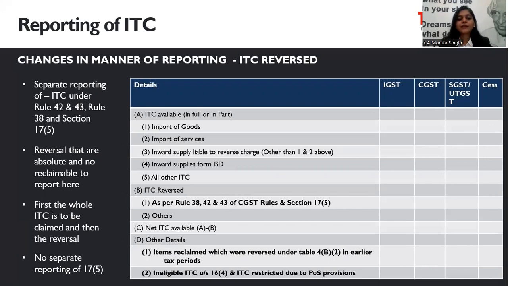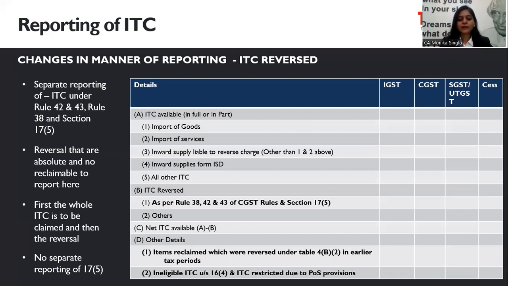Now discussing table 4D2. This contains the ineligible ITC under section 16.4. So 16.4 states that the input tax credit on certain invoice is ineligible or it cannot be claimed once the time limit provided for claiming the credit on such invoice has lapsed.